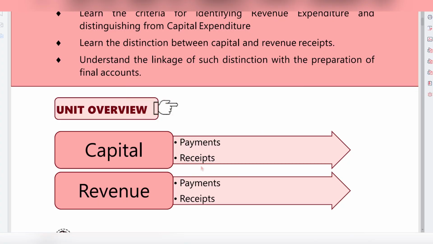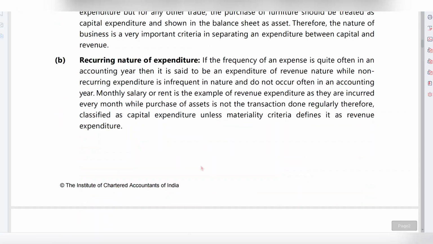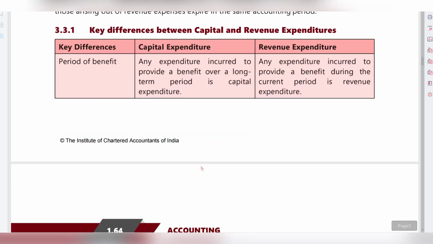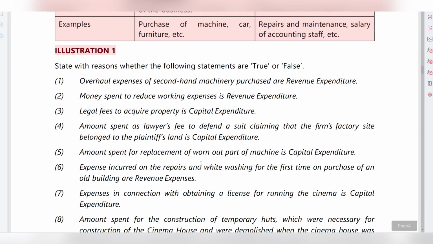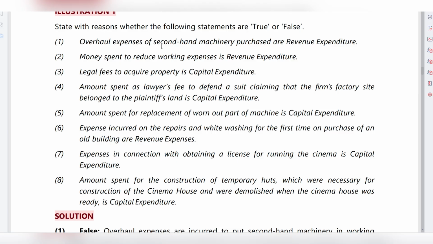So now we can see some illustrations from the ICAI study material here, so that we will be able to classify the expenses as revenue or capital. So here the first one is: overall expenses of second hand machinery purchased are revenue expenditure. True or false?